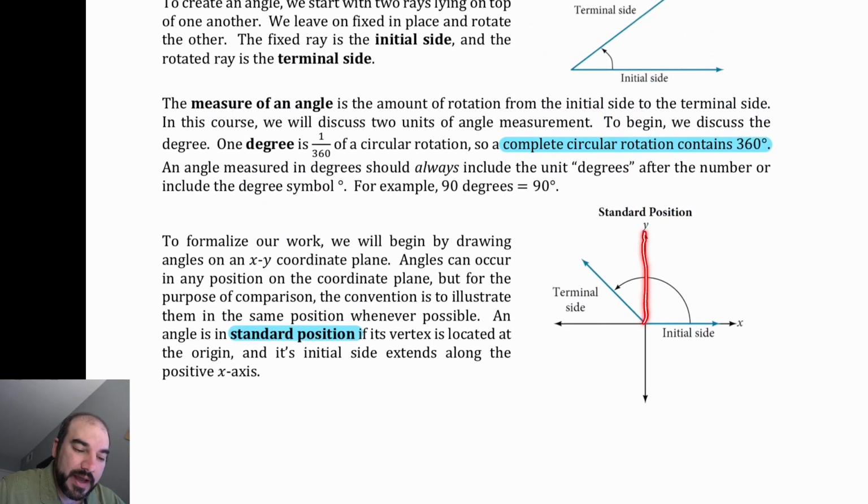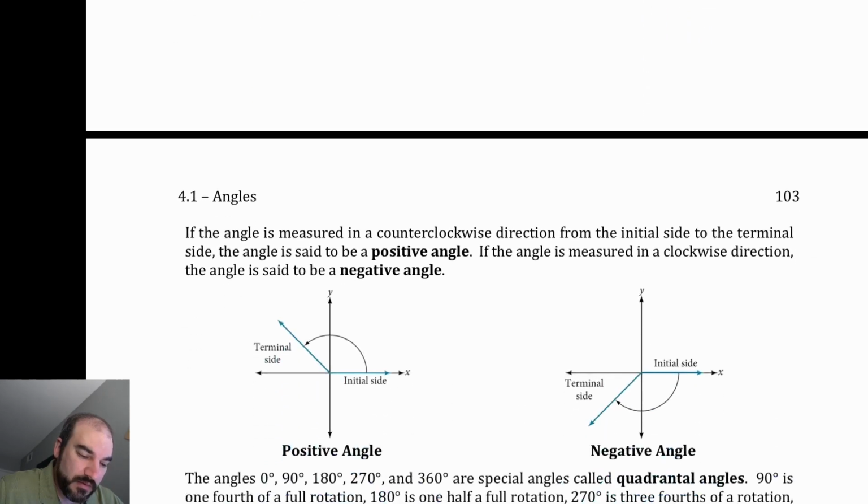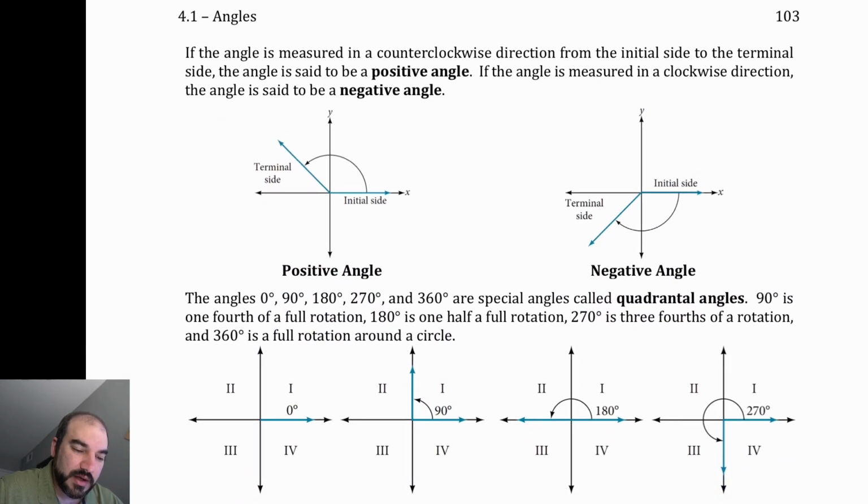The y-axis, the negative x-axis, and the negative y-axis give us nice breaking points for each 90-degree angle, because the x and y axes are perpendicular to each other, so we get nice perpendicular quadrantal angles.